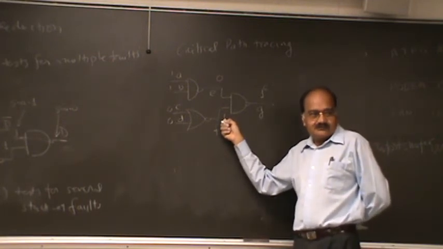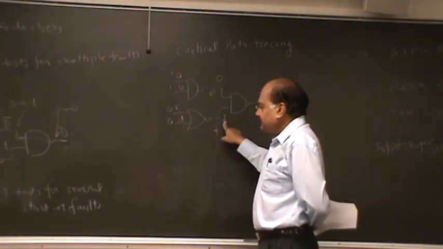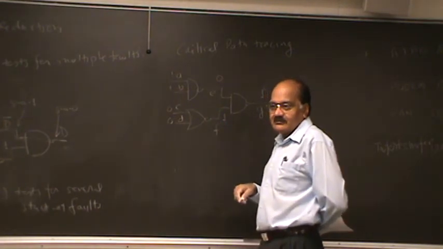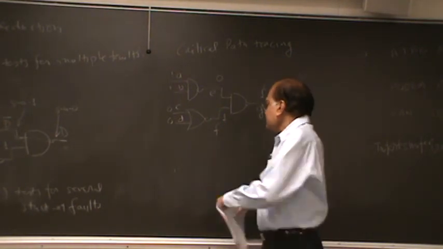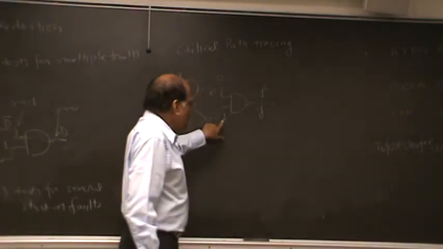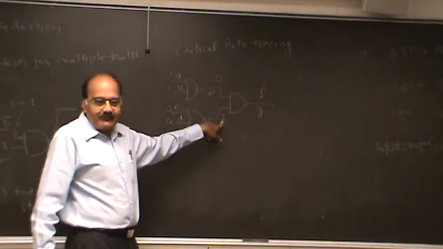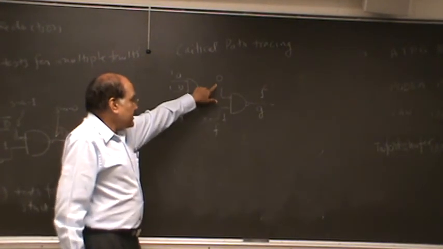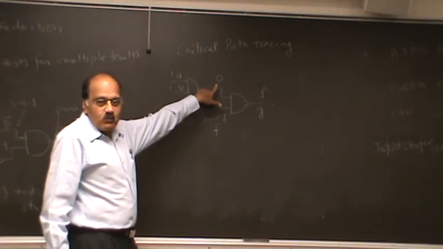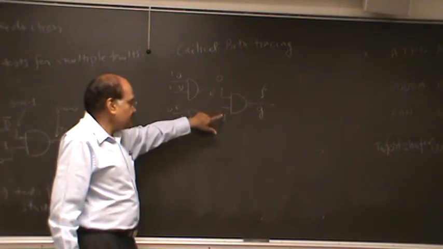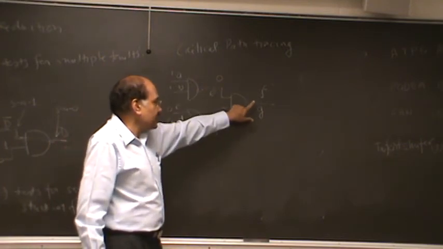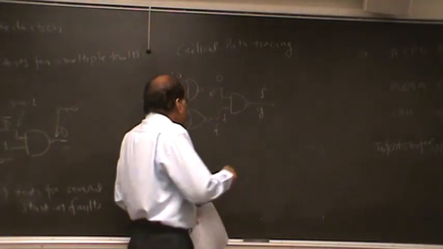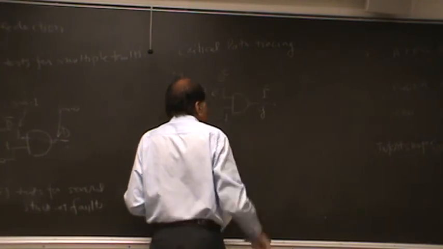What do you think? Now if this one changes, it is not going to make any difference, right? Because this is already 0, so this is not going to make a difference. What if this 0 changes to a 1? That will cause the output to change, right? Because this is 1 and this is 1, so this would be 1 and hence this would switch. So we can say that this 0 is critical.